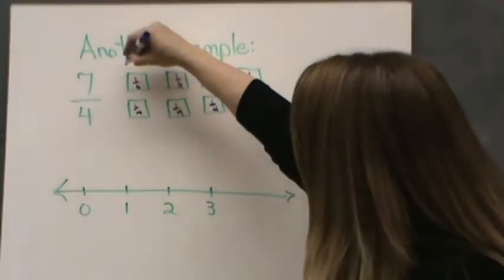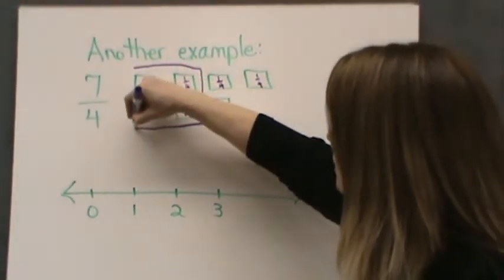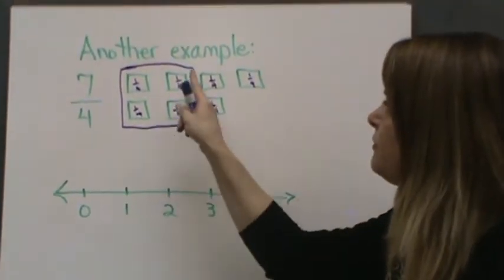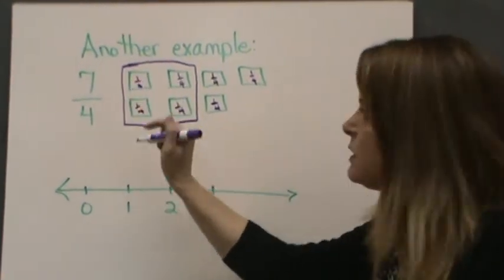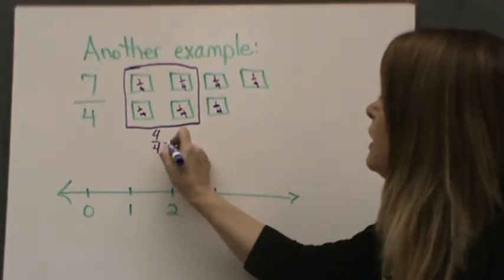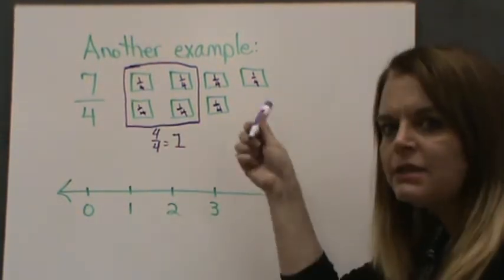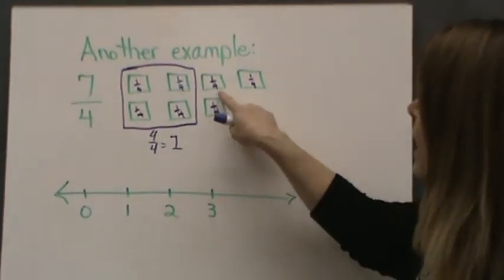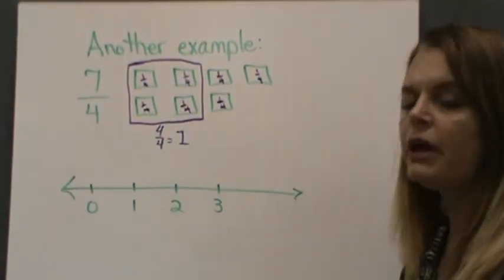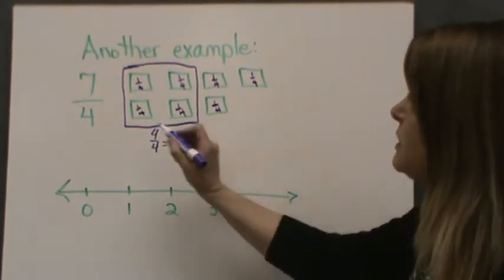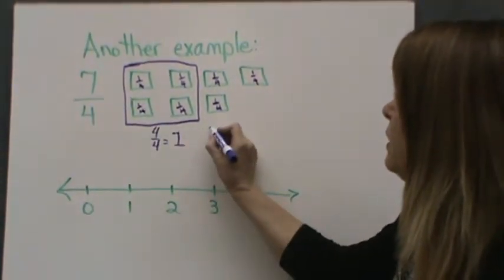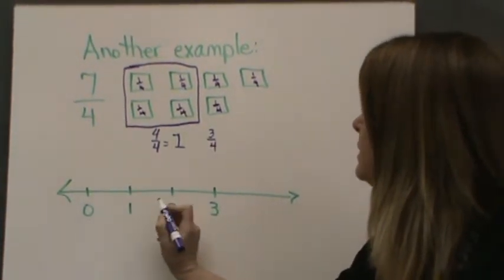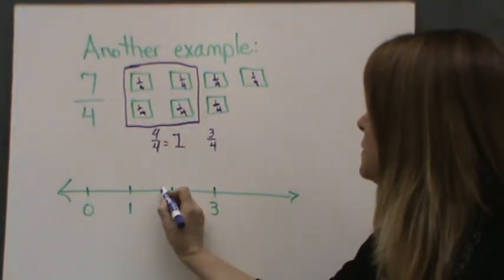So if I put 4 together, that's 1 whole. 1/4, 2/4, 3/4, 4/4, and 4/4 equals 1. But I still have some left over because my fraction tells me I have 7/4. I have 1, 2, 3/4 left over. So 7/4 is 1 and 3/4. So it would come between 1 and 2, and it would be over here somewhere.